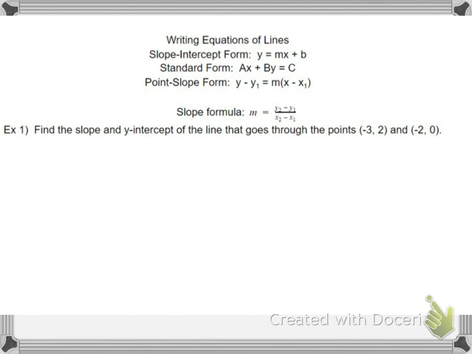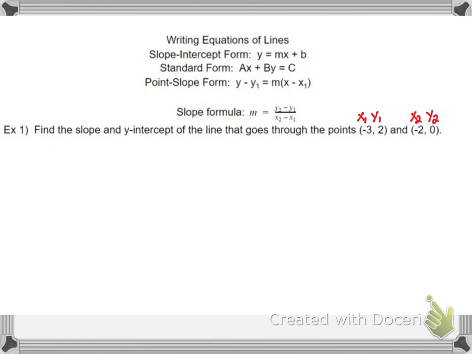Example 1 says find the slope and y-intercept of the line that goes through the points (-3, 2) and (-2, 0). So here we have two ordered pairs. We're going to label those as x sub 1 and y sub 1. That just indicates that that's your first ordered pair. And the second one we're going to label x sub 2, y sub 2.